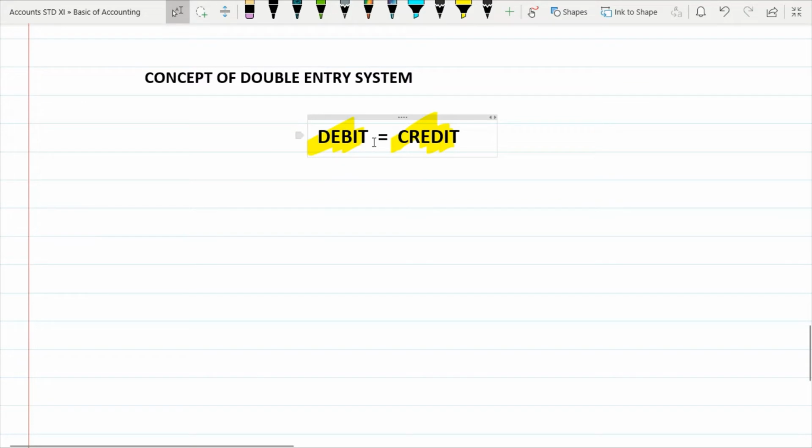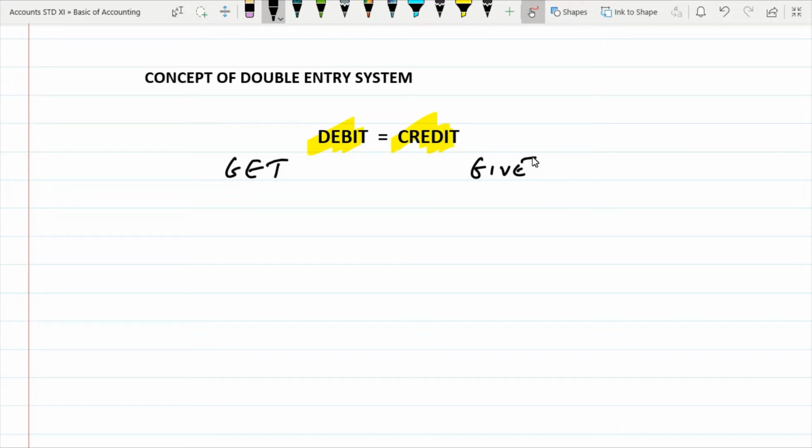If we try and understand now the meaning of debit and how it came into existence, the meaning basically here was something that you get. Especially in the barter system, it was something that you get. And credit was meant by something that you give.